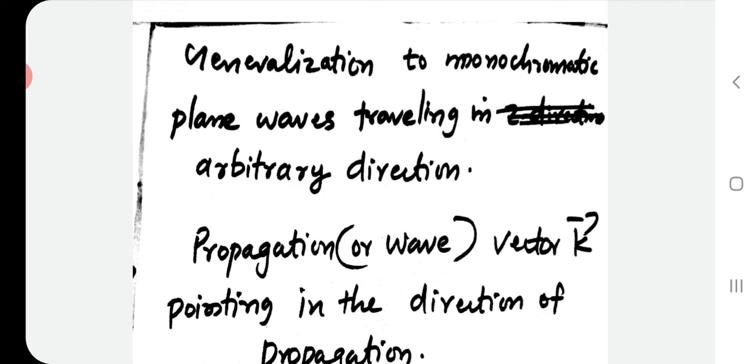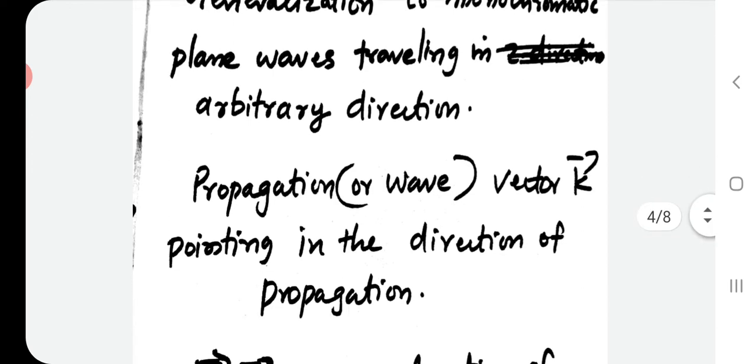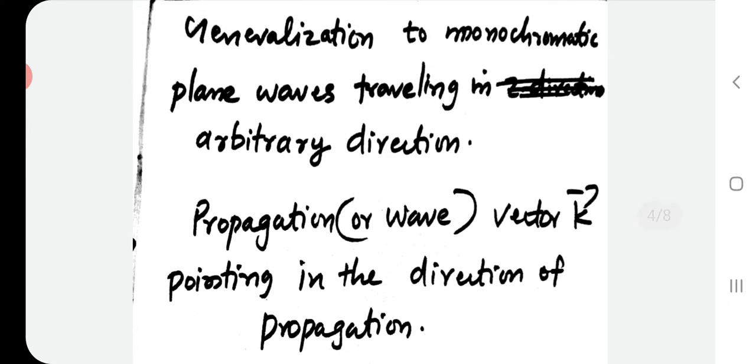Suppose the wave is propagating in the direction of k, a vector which we call the propagation vector or wave vector. Its magnitude is the propagation constant k, 2 pi by lambda. This is the direction in which the electromagnetic wave is advancing.